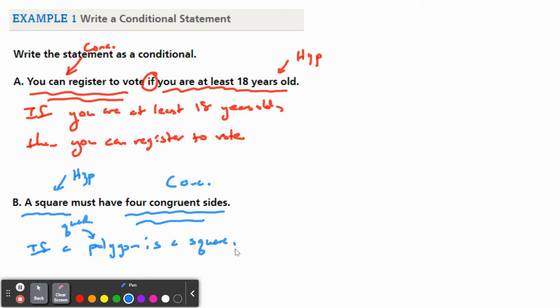So if a polygon is a square, then it must have 4 congruent sides. And there we go. In if-then form, being a square is the hypothesis and having 4 congruent sides is the conclusion.